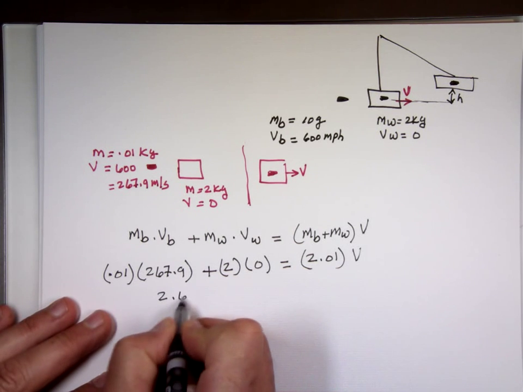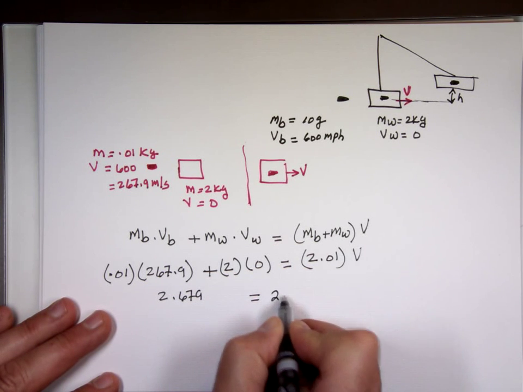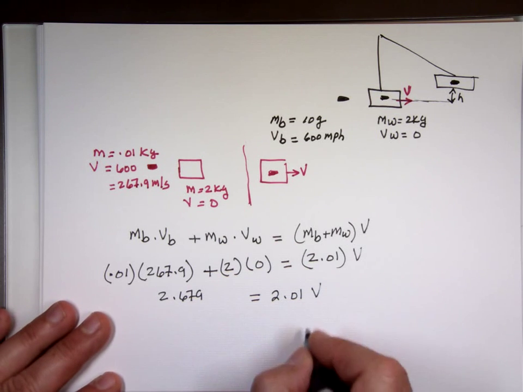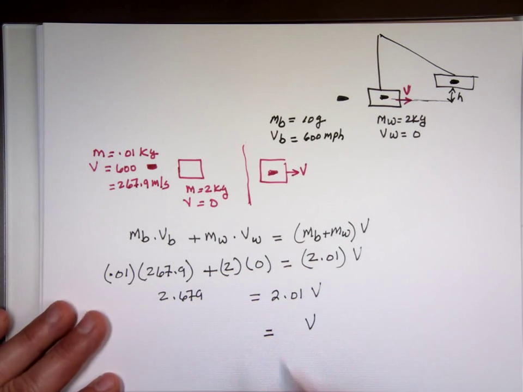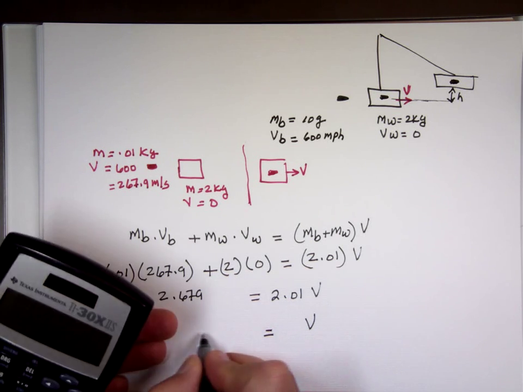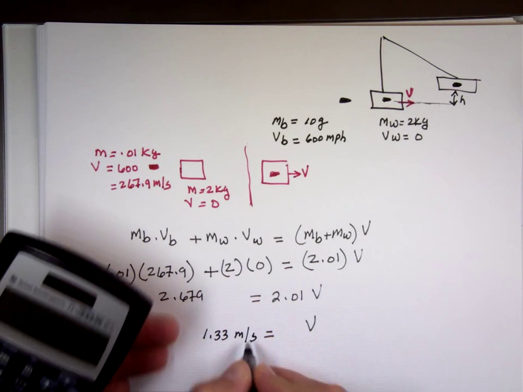2.679 plus 0 is 2.679. Can I get what v equals? It is 1.33 if you carry all the digits, meters per second.